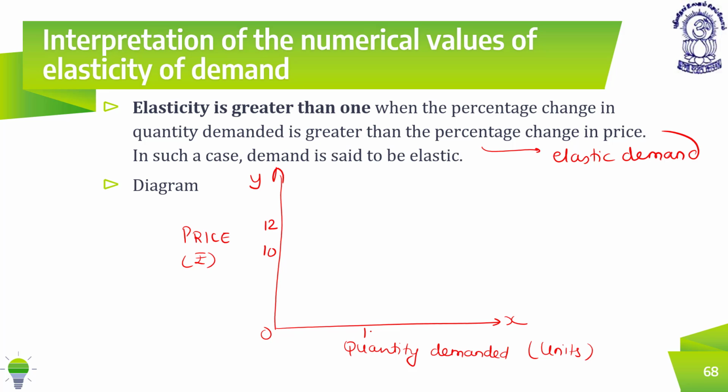At 10, the quantity demanded was 100. Because there is an increase in the price from 10 to 12, the quantity will decrease from 100 to say 20. And this demand curve becomes a bit flatter. So this is known as elasticity of demand greater than 1, or more than 1. Draw it.